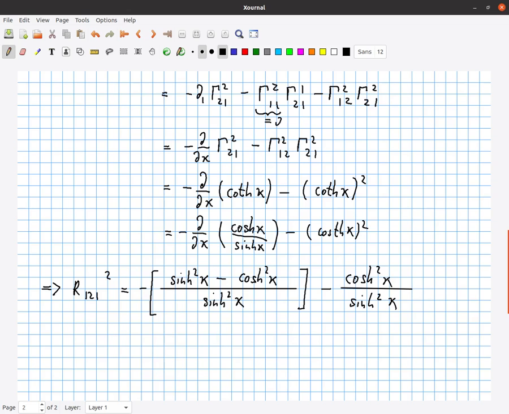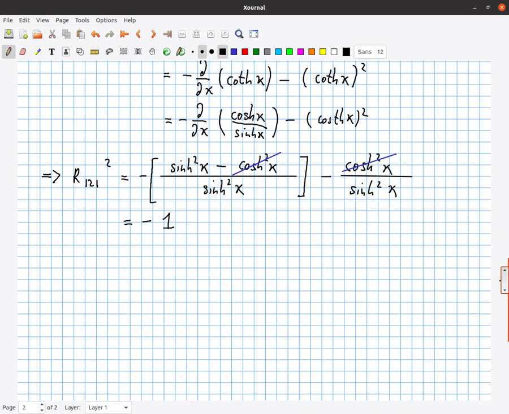You are almost tempted to use here the hyperbolic identity, but it's actually better not to do this. Because if you look at this, you see that here is a minus, there's another minus, so we actually have plus cos hyperbolic squared minus cos hyperbolic squared. These cancel. And we are left with minus sine hyperbolic over sine hyperbolic. Both are squared, which means we end up with 1. So the answer is minus 1.